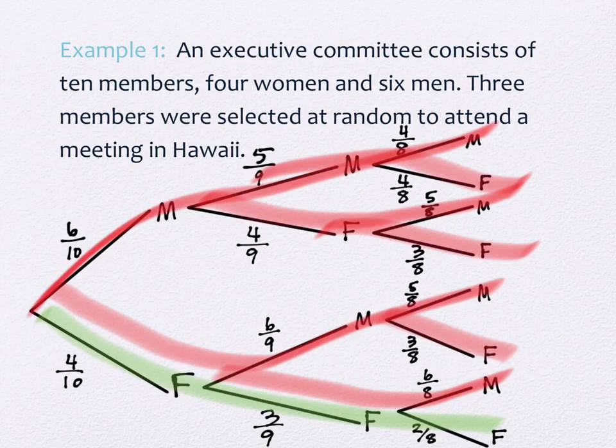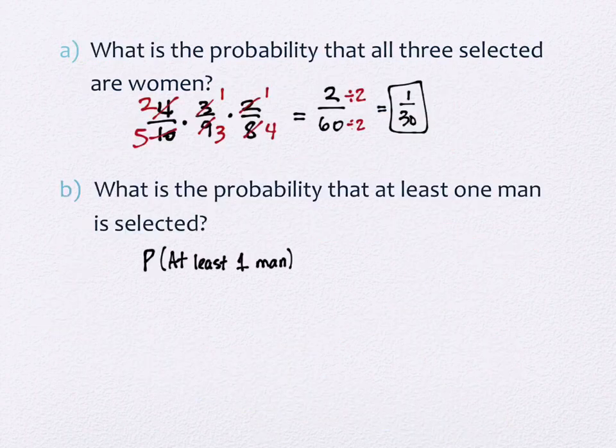So there's two ways to do this problem. Option number one is that we can multiply along every red branch, which would mean we'd have 7 sets of multiplication, and then we could add those 7 sets of multiplication all together. Or we could do 1 minus the probability of having all female, which we happen to have already calculated.